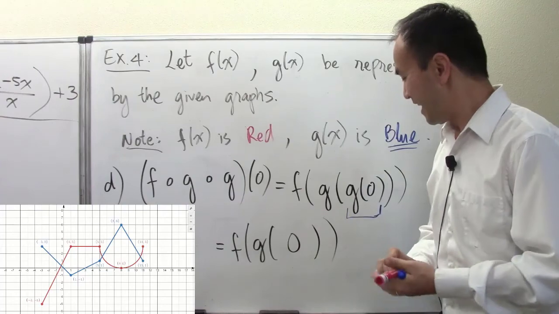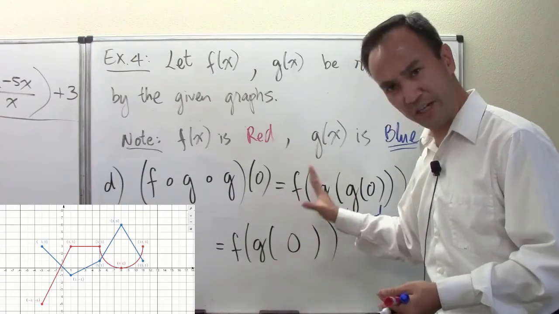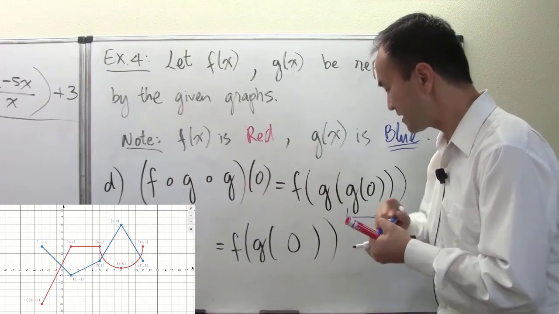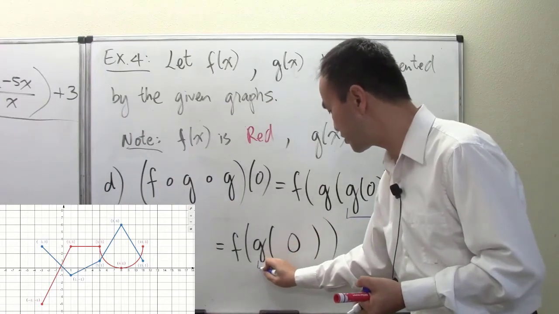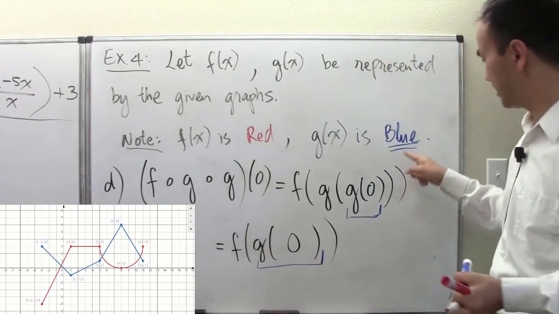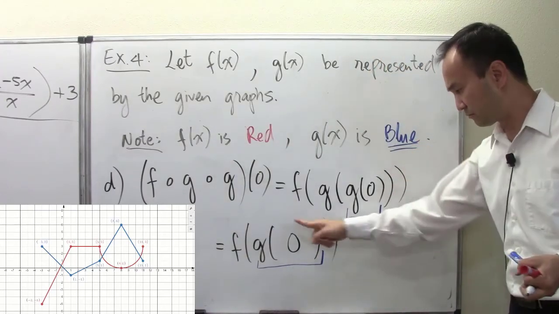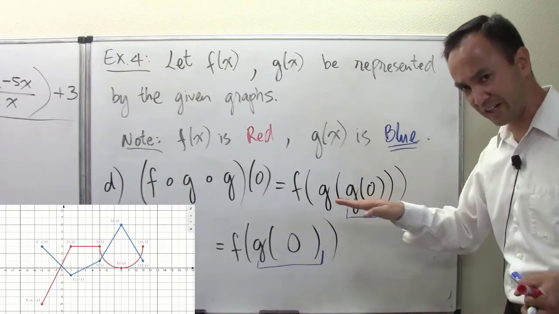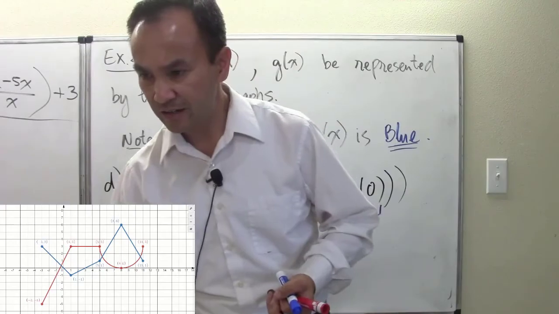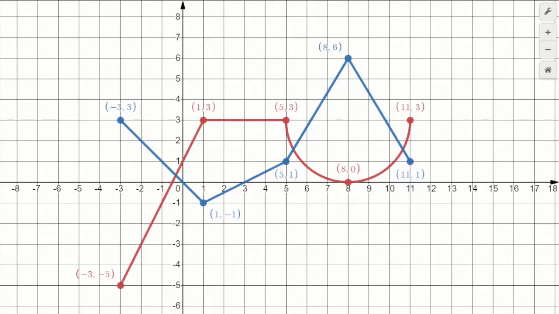Now again, we're still working from the inside out. So our next responsibility is to evaluate g at 0. Once again, function g is the blue curve, and that's why I'm underlining that with a blue marker. On the graph with the blue curve, g of 0 is 0 right there. I put that point there.